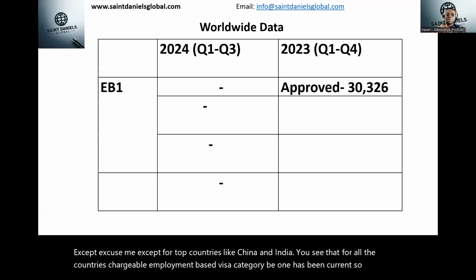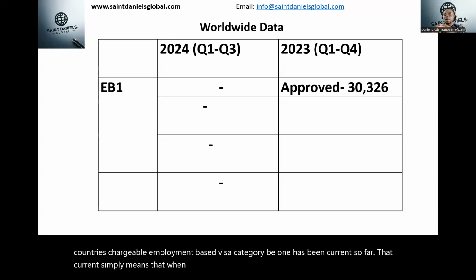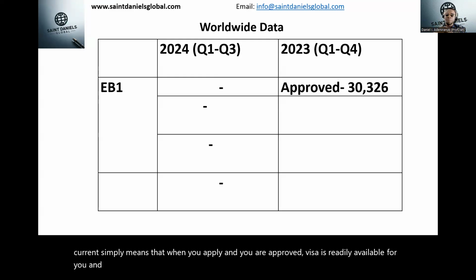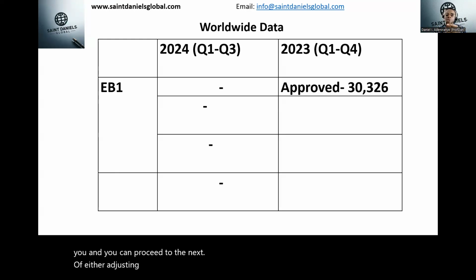Current simply means that when you apply and you are approved, a visa is readily available for you and you can proceed to the next stage of either adjusting your status or going through consular processing.